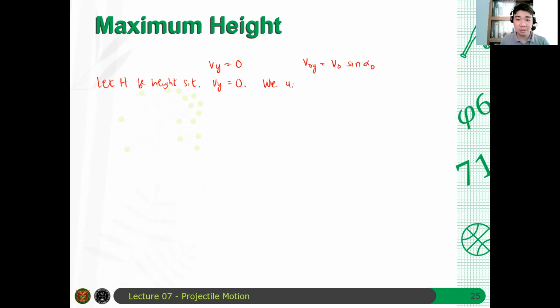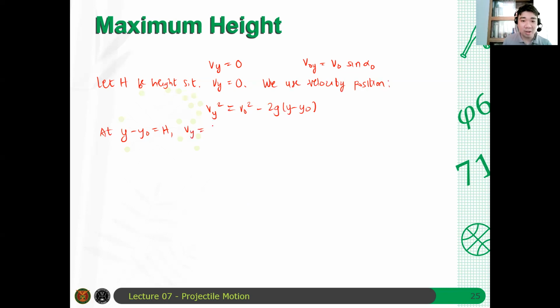We use velocity position. And for velocity position, we have Vy squared equals V naught y squared minus 2g quantity y minus y naught. Now, at h, y minus y naught equals h, Vy equals 0. And so this is V naught y. And this means that 0 equals V naught sine alpha naught quantity squared minus 2g h.